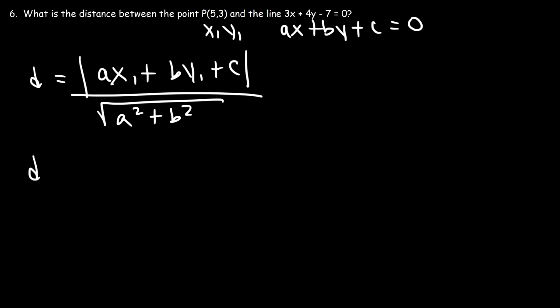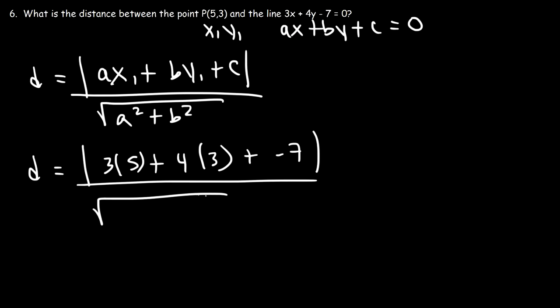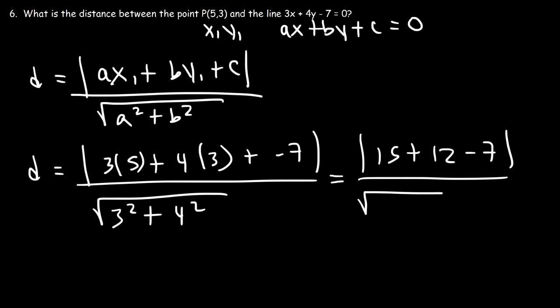So in this example, a is 3, x1 is 5, b is 4, y1 is 3, and c is negative 7. And then a squared, that's 3 squared, b squared is 4 squared. Now 3 times 5 is 15, 4 times 3 is 12, 3 squared is 9, 4 squared is 16.